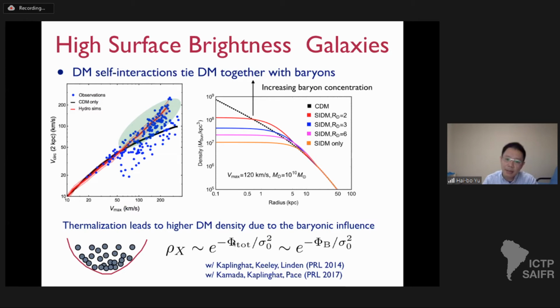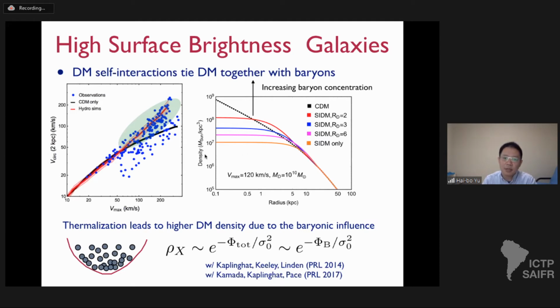And you go back to check the isothermal distribution here. Now you can replace the total gravitational potential by the baryonic contribution, right? So now what you can see is that the central dark matter density is sensitive to the baryon potential, sensitive to the baryon concentration, right?